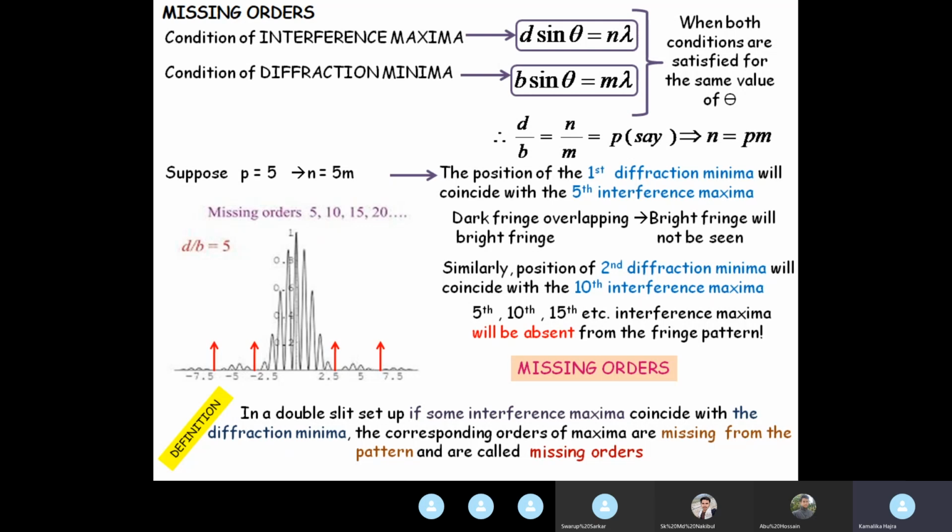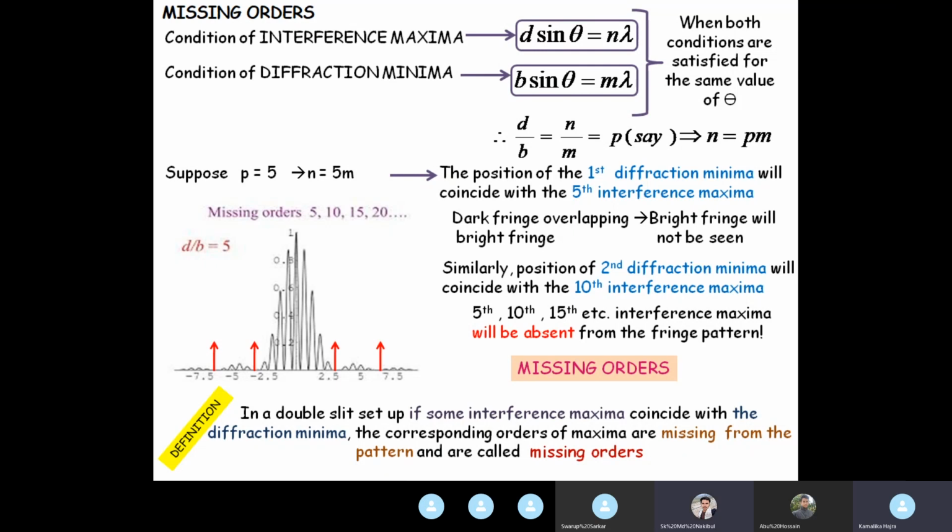So this is a mistake that I have encountered several times in answer scripts, and that is why I wanted to tell you, so that you do not make the same mistake. So if you have a book, or if you take a printout of this, or if you have a note, please write this somewhere and encircle it, that this ratio is of d by b, which means it is of a plus b by b.